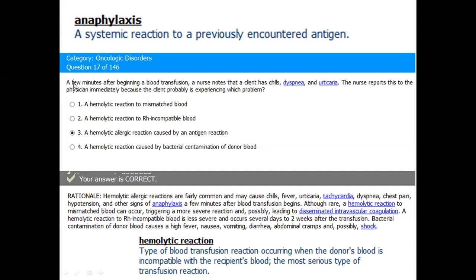This question is a few minutes after beginning a blood transfusion, an immediate reaction. Bacterial contamination of donor blood causes a high fever, but this question does not mention high fever. Also nausea, vomiting, diarrhea, abdominal cramps, or possible shock are not mentioned.